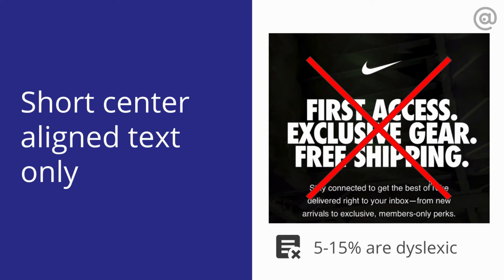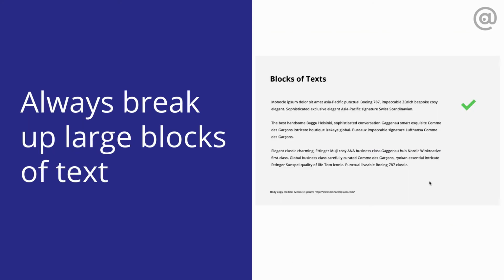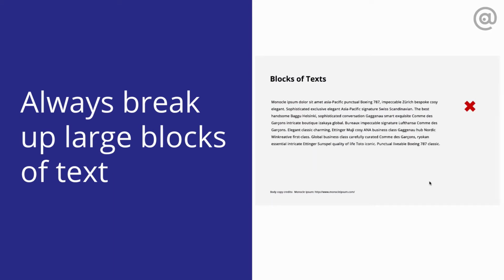And actually it's not a good experience for dyslexic people especially, but it's also challenging to read for non-dyslexic people, because you just don't know where to go with your eyes when you want to start reading the next line. Make sure to break up large blocks of text always into multiple lines.